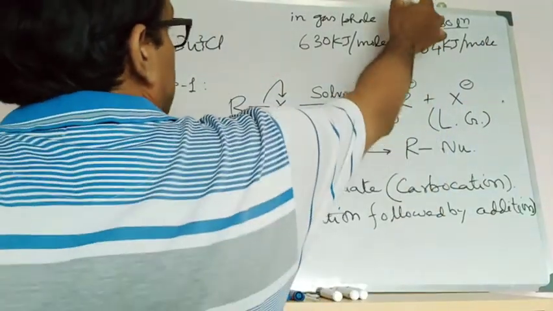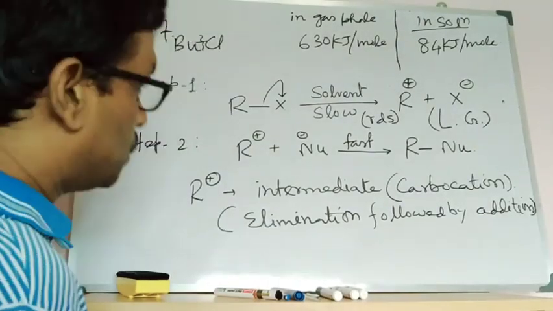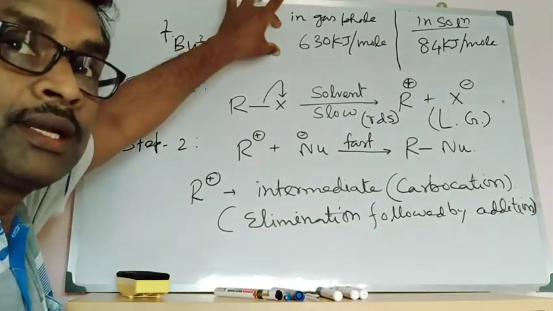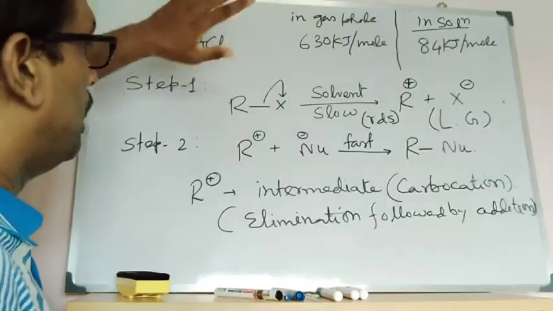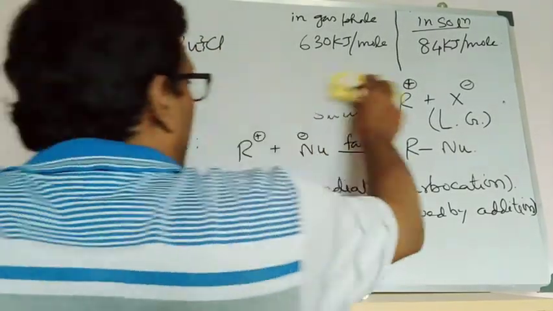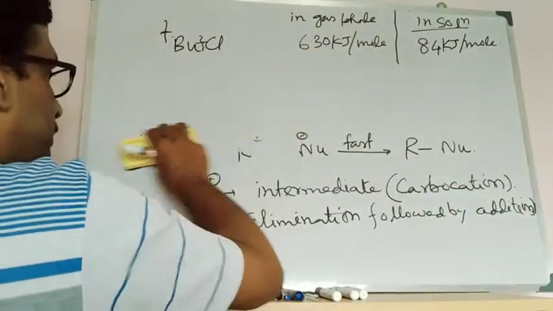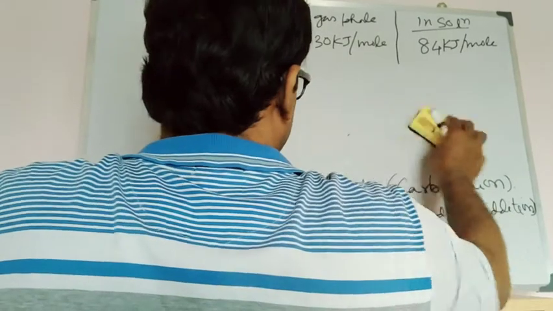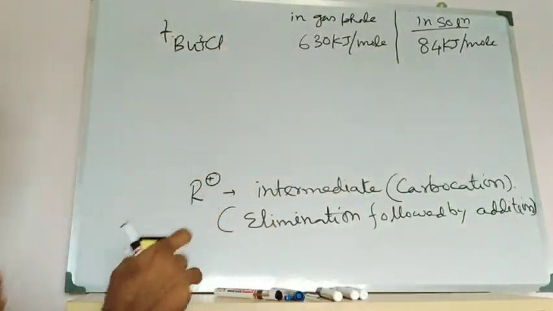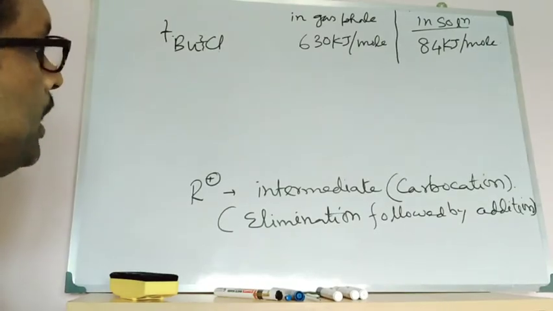So why is such an energy difference there? A gas phase reaction only occurs at high temperature. It may not be possible to reach that easily in our laboratory. That's why we always carry out the reaction with a suitable solvent. We will discuss later that polar protic solvents favor this reaction.